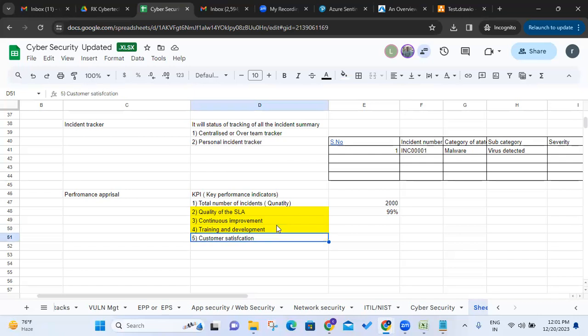Not only just customer satisfaction, even our peer appreciation emails, your manager appreciation emails, your colleagues appreciation emails, and your customers or clients appreciation emails you are receiving. Those things you can make into one folder and keep all those emails in that folder.